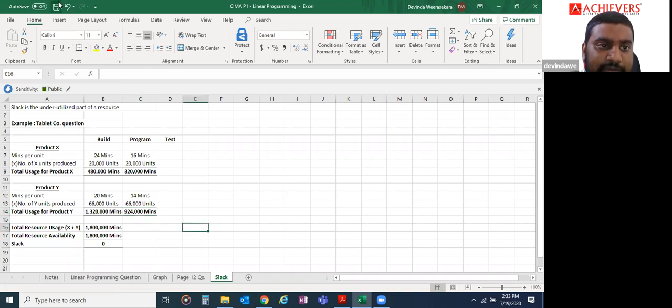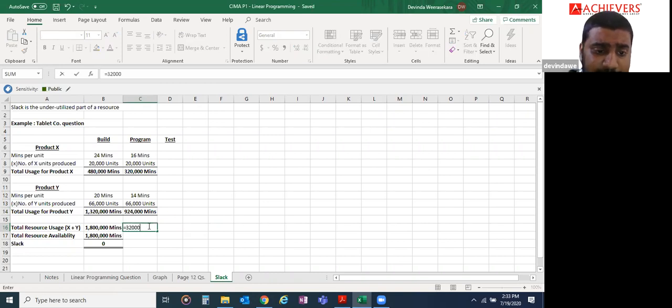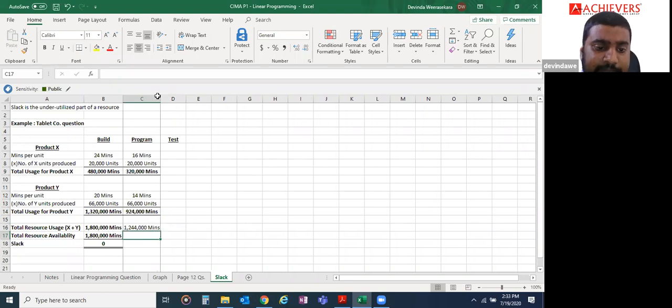So in total for the company, we need 320,000 minutes for product X, 924,000 minutes for product Y. So in total, we need 1,244,000 minutes in total for both X and Y.